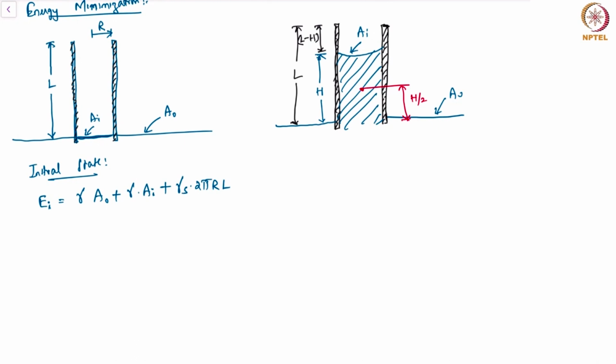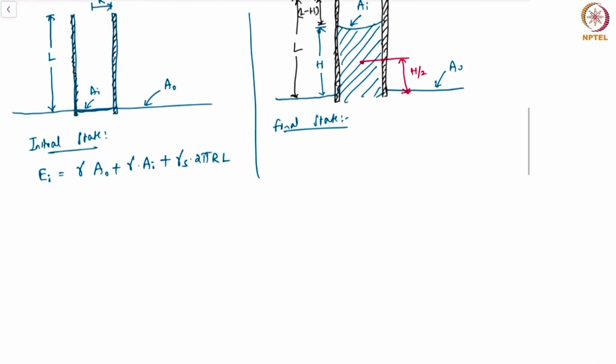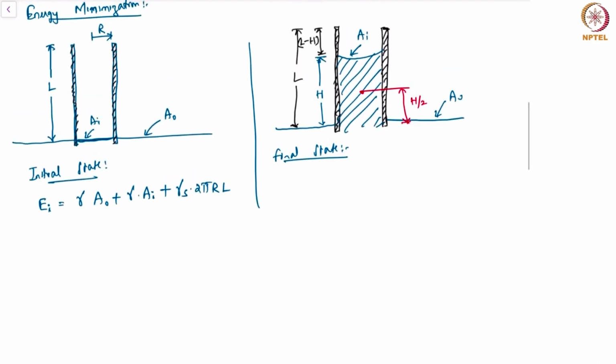Now let's write down the final energy state. Final state in this case, let's write down all the energies that are possible. EF. Now area outside will be gamma times A naught. Area of the meniscus inside is gamma times AI. Those things have not really changed.